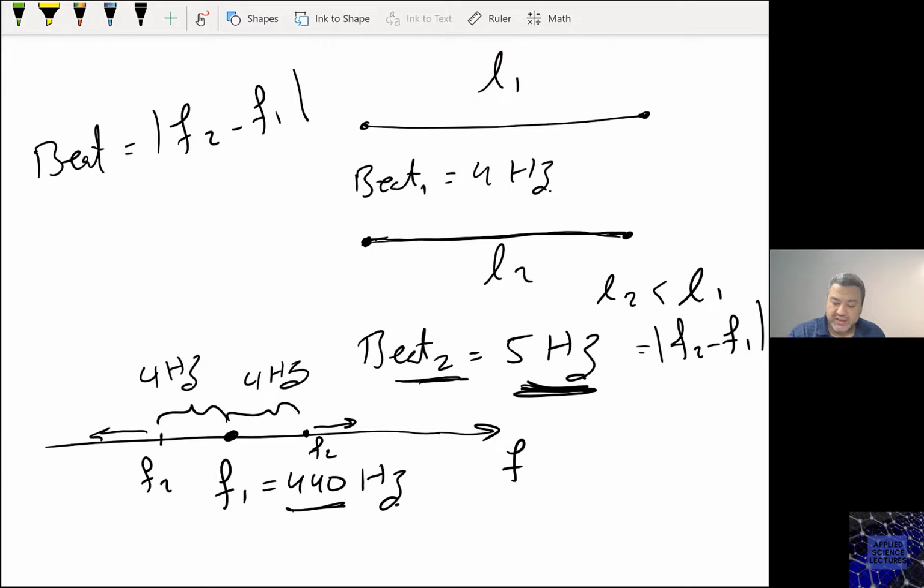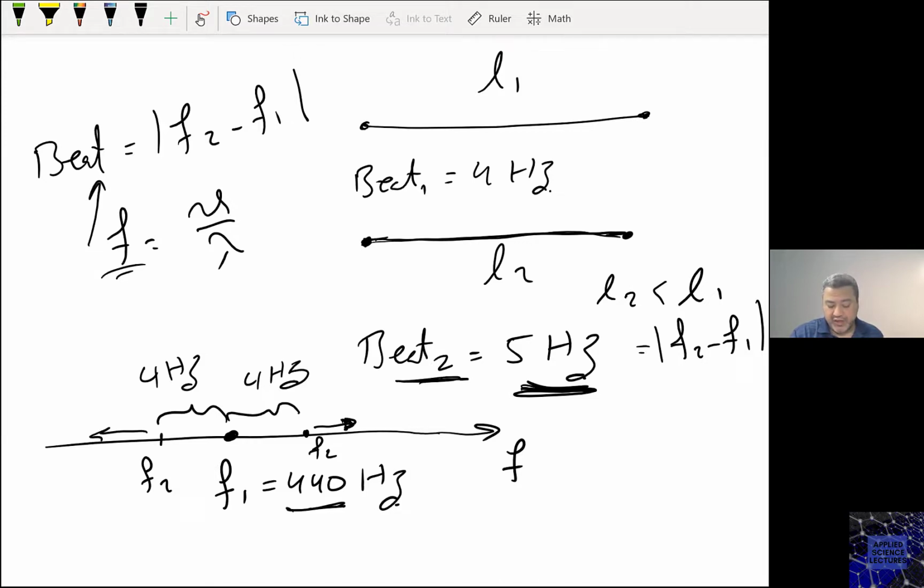However, since tightening the guitar will result in a relatively shorter length, this means the frequency has increased. Why? Because we know that the frequency is inversely proportional to the wavelength. So decreasing the length will decrease the wavelength and will result in increasing the frequency. So F2 has increased, and this is the only option that agrees with this conclusion.